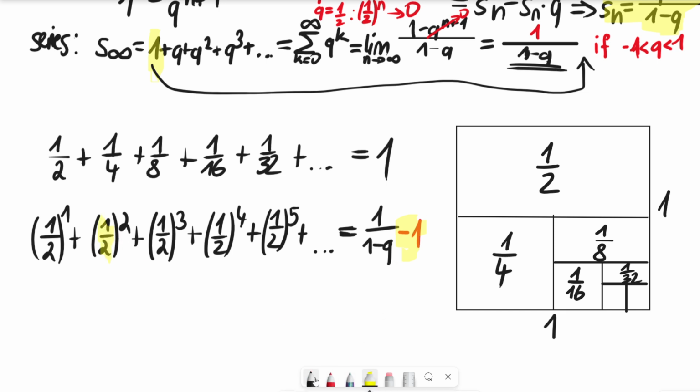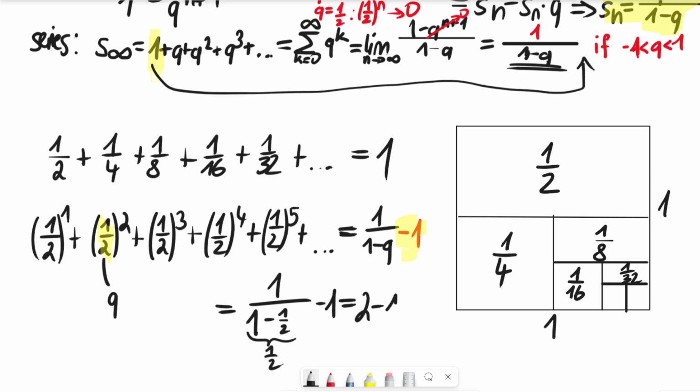It is 1/2. You know it is converging by the result we have considered before. So 1 divided by 1 minus 1/2, minus the 1. Simplify it. 1 divided by 1/2 is the 2, so 2 minus 1 is 1. We have shown that this infinite series has limit 1, which is a converging geometric series.